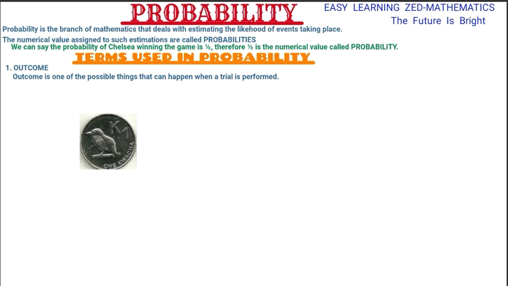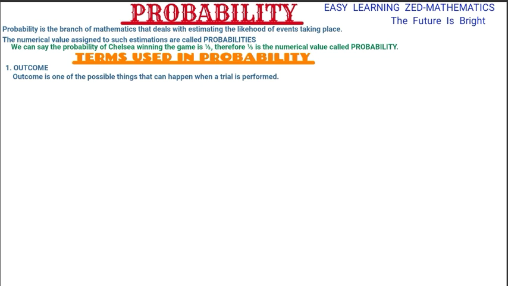When you toss a coin, the favorable outcome, the one that comes on top, is the outcome. The result that you want, or that you have gotten from tossing, that is the outcome.